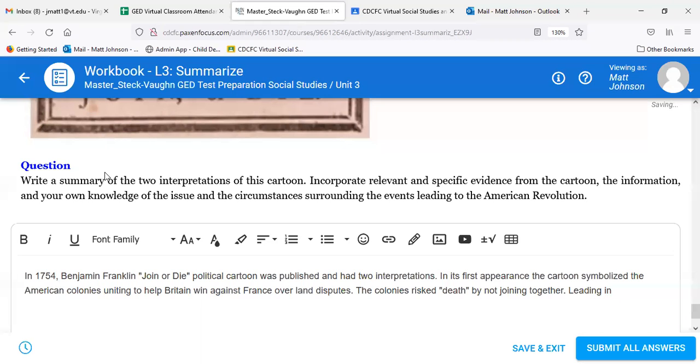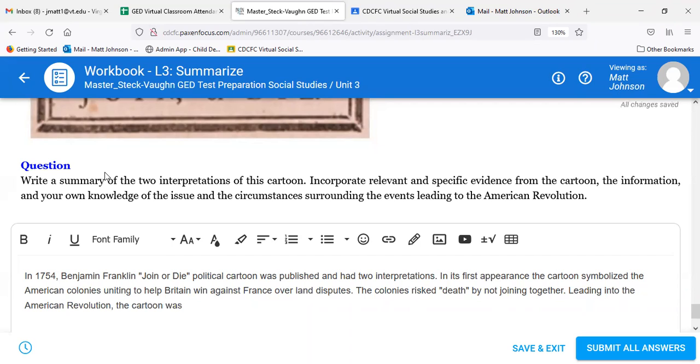Leading to the American Revolution, comma, the cartoon was revived to symbolize, we need to symbolize again, how about to symbolize the colonies uniting in its fight for independence from Britain.